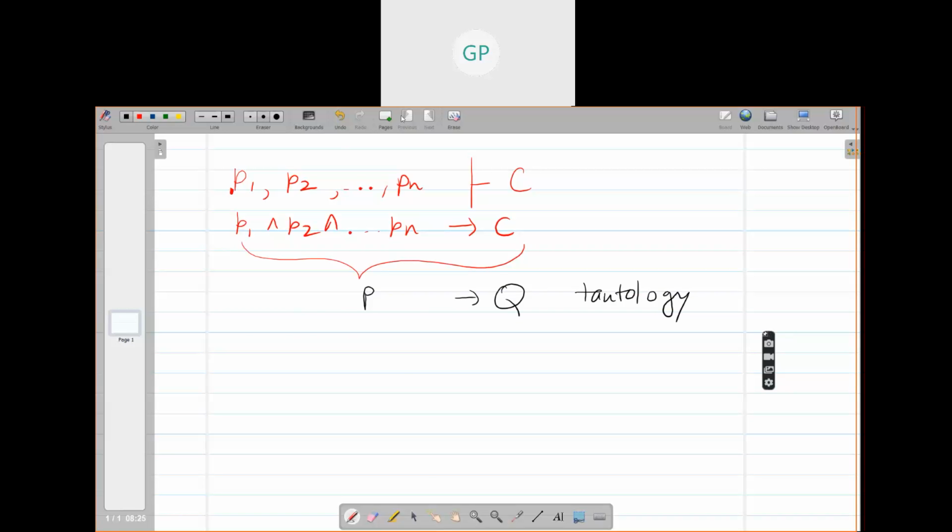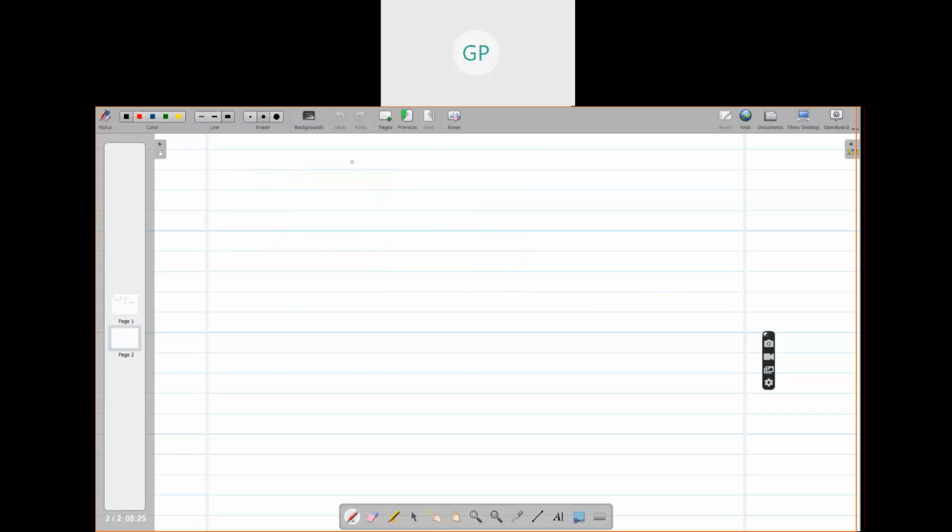Has anyone done that? The first one was very easy as it had only two statements, two propositions. Now I want to do the second one. Can anyone tell me what was the second one?